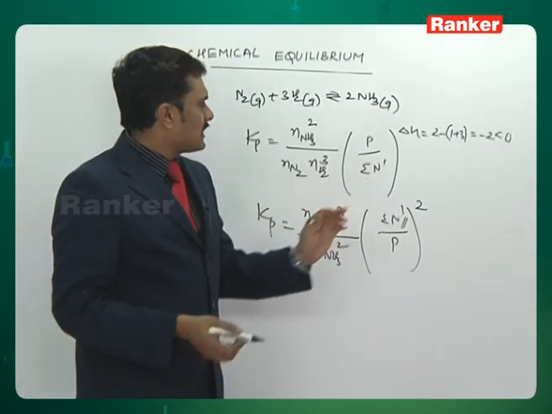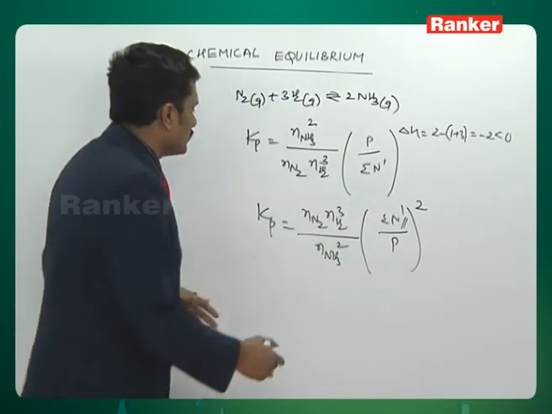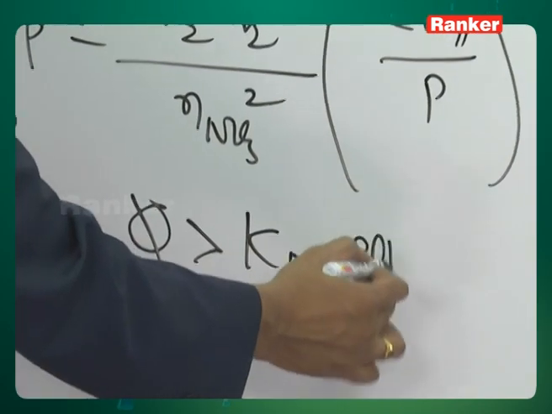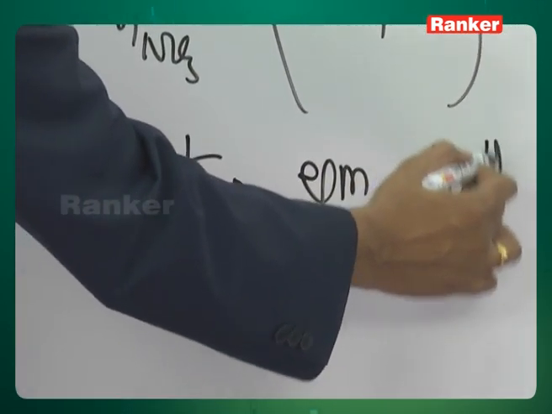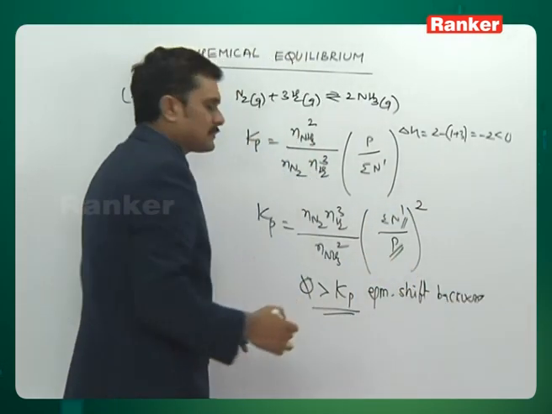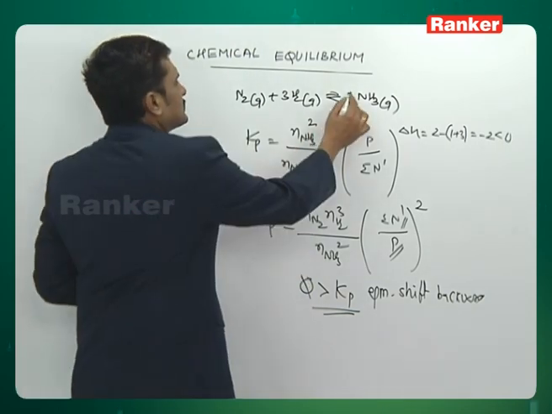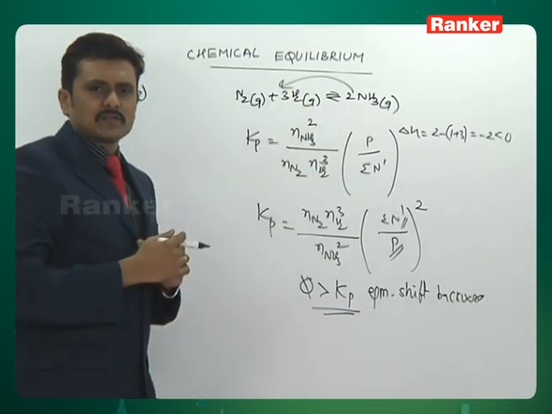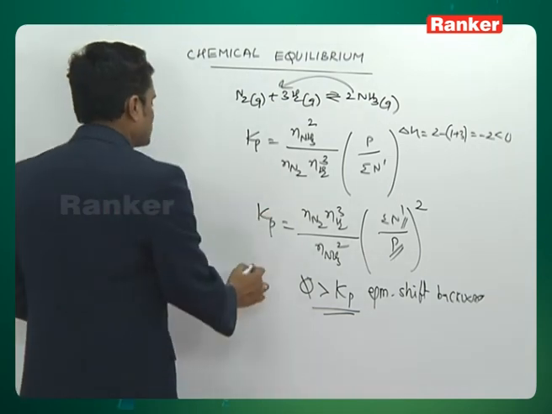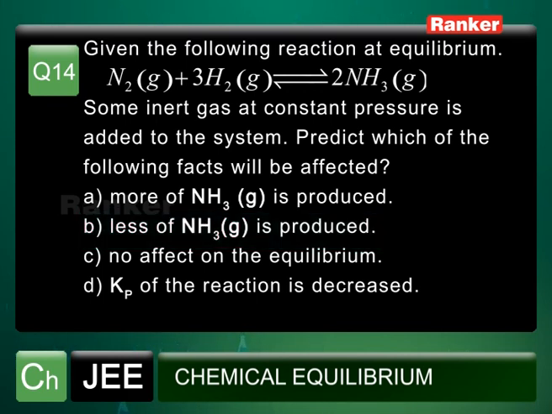When this value has increased, you can see that Q will become greater than K. That means the equilibrium shifts in the backward direction as the pressure is kept constant. So when the equilibrium shifts in the backward direction, there is consumption of NH3 but not production. Therefore, less NH3 produced is the correct option, that is option B is the correct option for the given question.